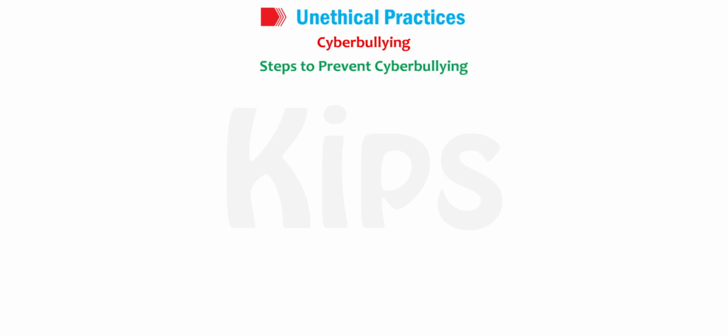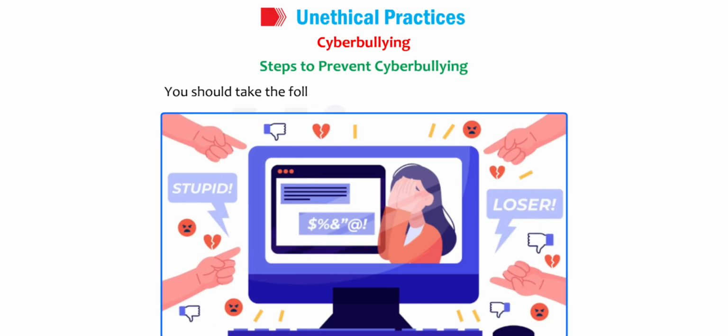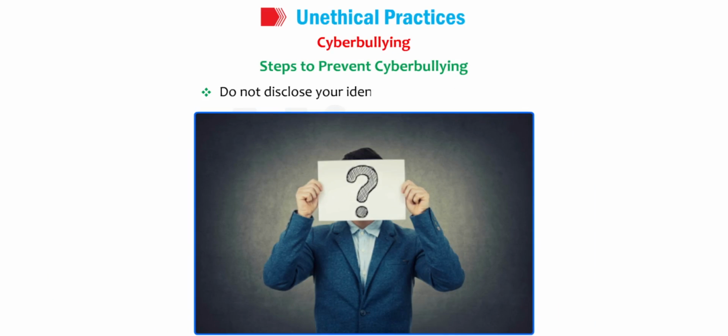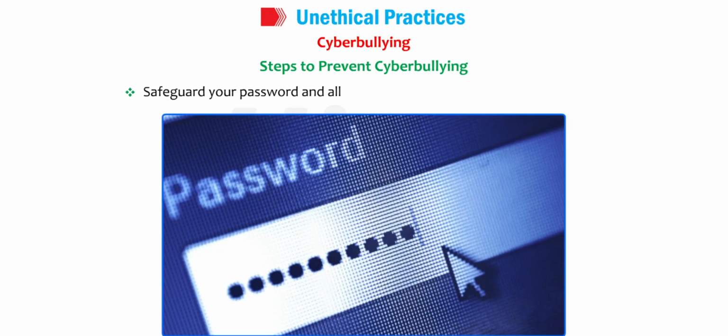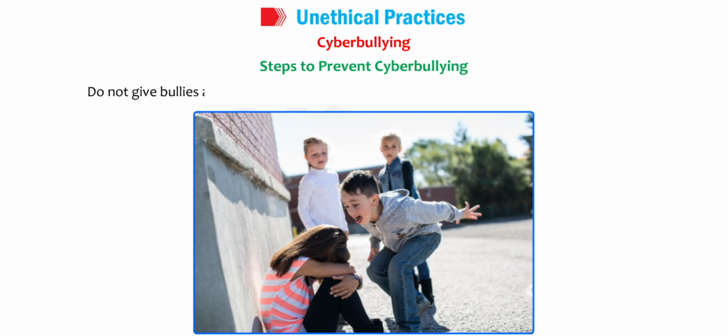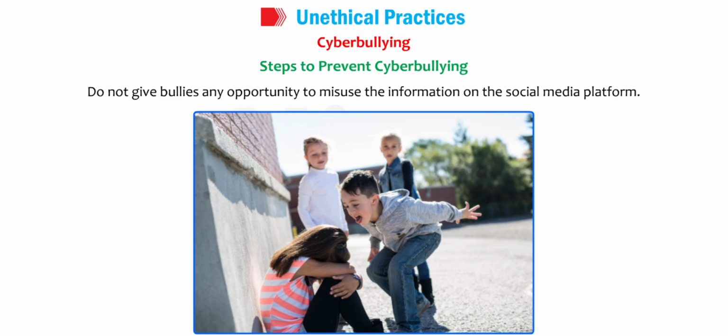Steps to prevent cyberbullying. You should take the following measures to prevent cyberbullying. Do not disclose your identity to unknown persons. Safeguard your password and all private information from inquisitive peers. Do not give bullies any opportunity to misuse the information on the social media platform.